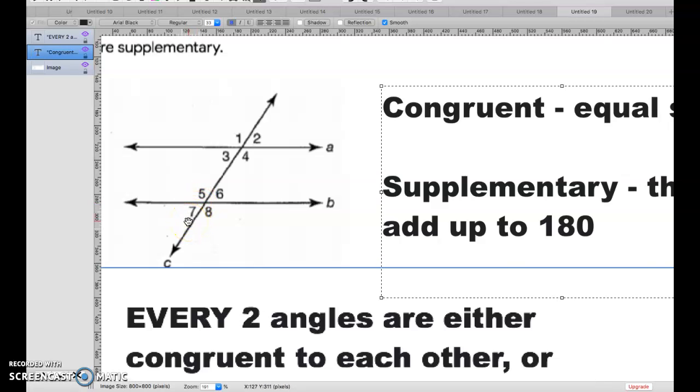Those two lines are smaller than a 90-degree angle. So, angle 6 and angle 7 are congruent. Meanwhile, angle 6 is acute, but angle 5 is obtuse. So that means that they're not congruent to each other, which means that they are supplementary to each other. That means that they add up to 180. That's enough help for that problem.